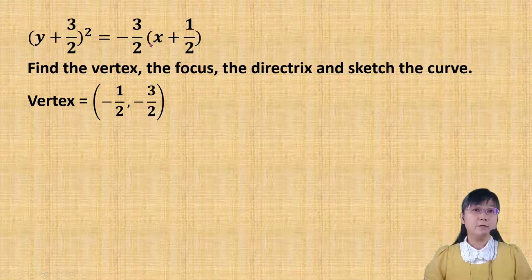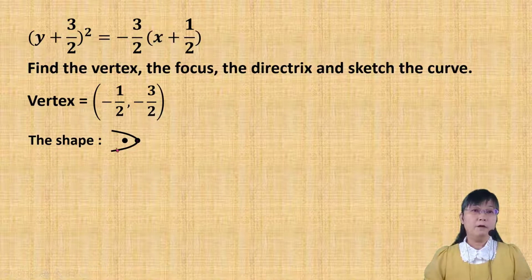Because this one is a negative value, the curve opens on the left hand side. So based on the shape of the curve, we know that the focus is on the left hand side of the vertex.